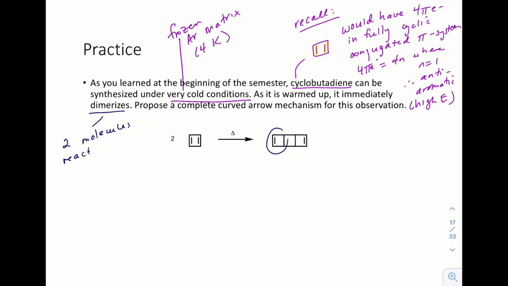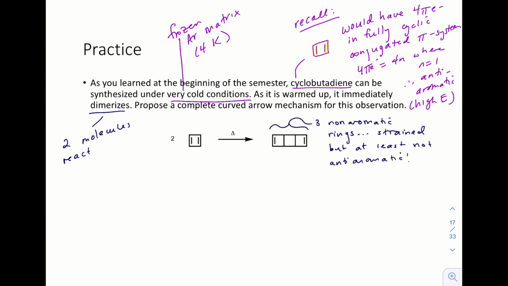Wow, two fused cyclobutenes. This system looks pretty strange, but you'll notice it is made up of three non-aromatic rings. These are four-membered rings, so certainly they are strained. There is angle strain and torsional strain, but at least they're not anti-aromatic.